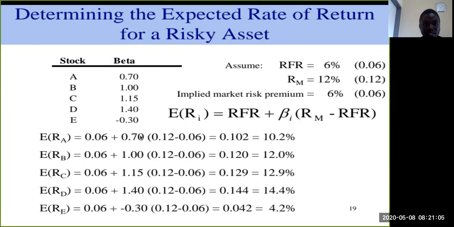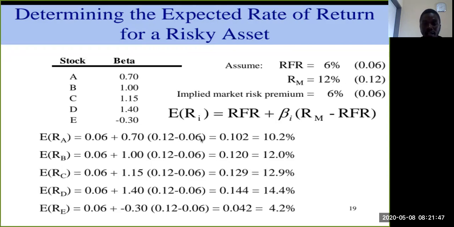And the beta is 0.7, or 70%. This 0.7 is the beta, and it's going to be plugged here, along with the market premium of 12%, which was 0.12. And from the market premium, we are going to subtract the implied market risk premium, which was 6%.